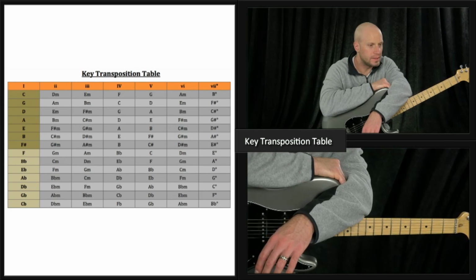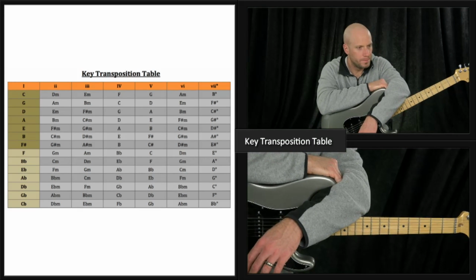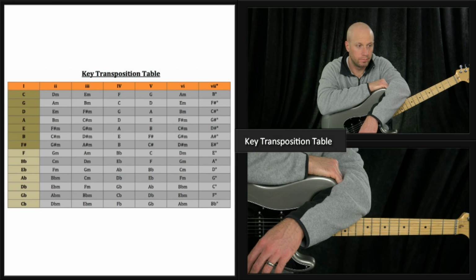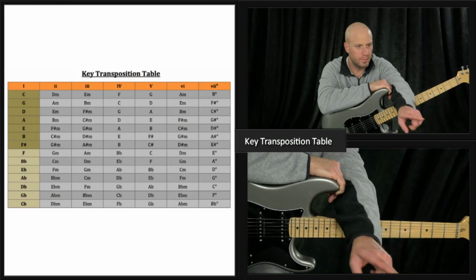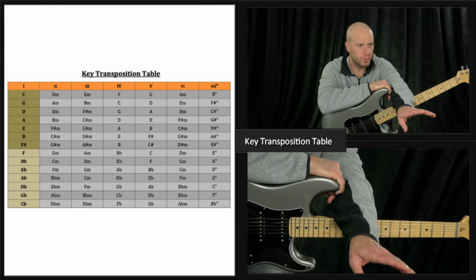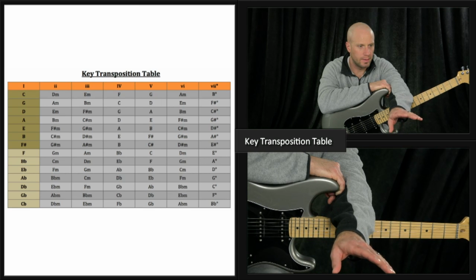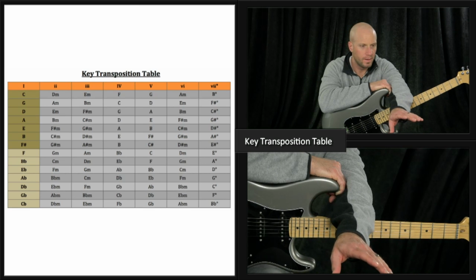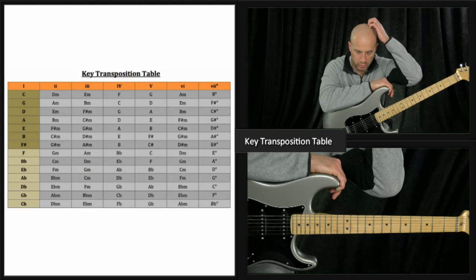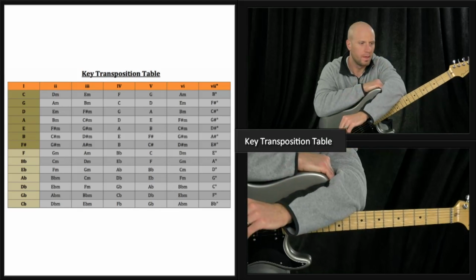So if we look at C, the one chord is major. One chord's always major. You can see up top that the uppercase Roman numerals mean major, the lowercase Roman numerals mean minor, and of course the lowercase with the little o sign is diminished.